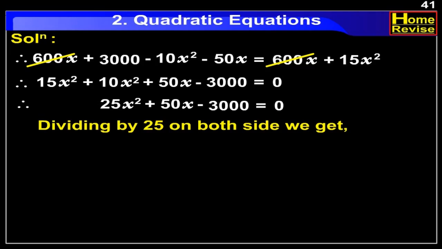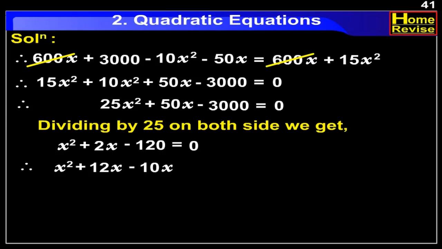Dividing by 25 on both sides, we get x square plus 2x minus 120 is equal to 0. Factorizing by splitting the middle term, we get x square plus 12x minus 10x minus 120 is equal to 0.